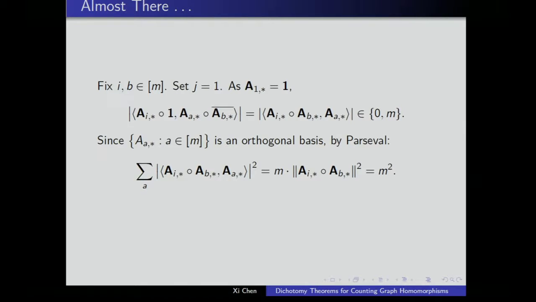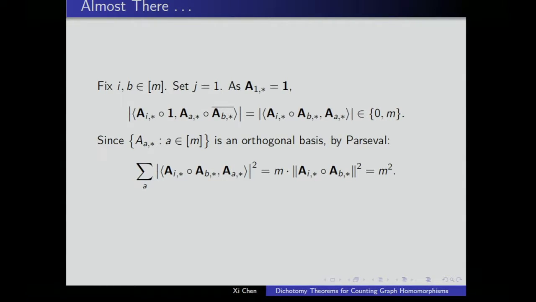But on the other hand, because it's a discrete unitary matrix, I know all these rows together form an orthogonal basis. We can just use Parseval to show that this sum should equal exactly m squared. This is because all of their entries are roots of unity, so I know exactly what its norm is.